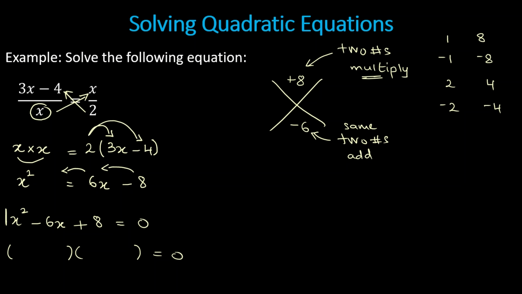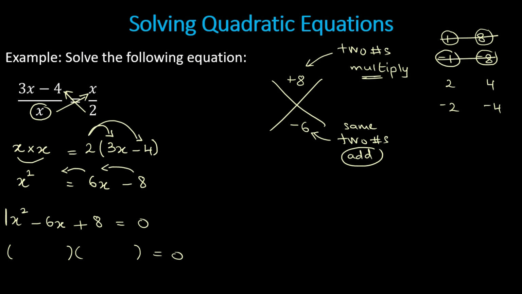So from these possibilities, let us choose the 2 numbers which add to give negative 6. Is it the first one? 1 when you add with 8, do we get negative 6? No. The second one, negative 1 when you add with negative 8, we obtain negative 9. We don't obtain negative 6.